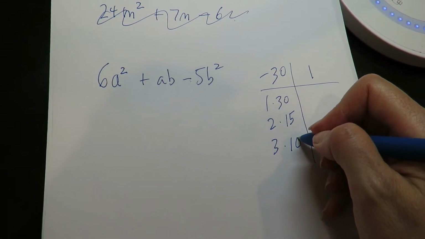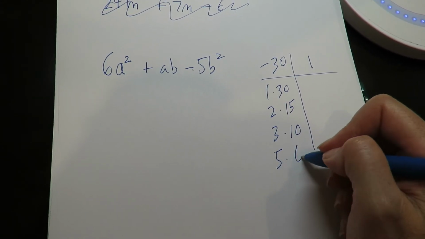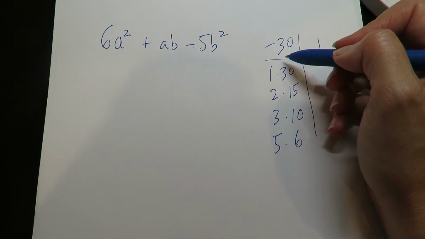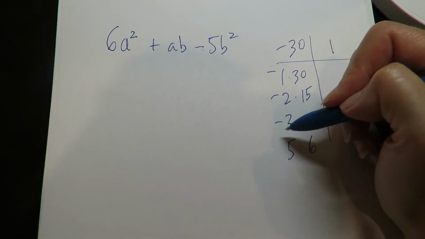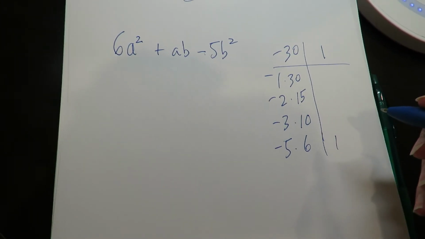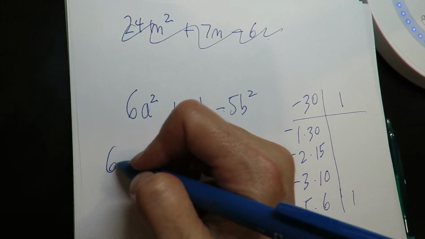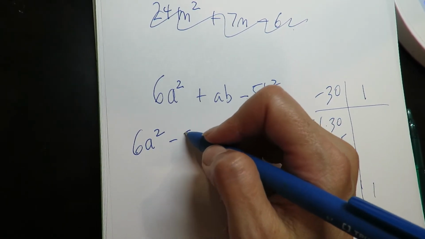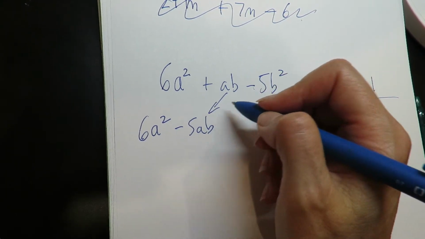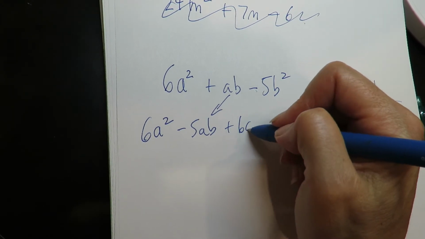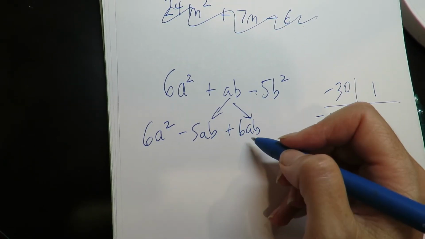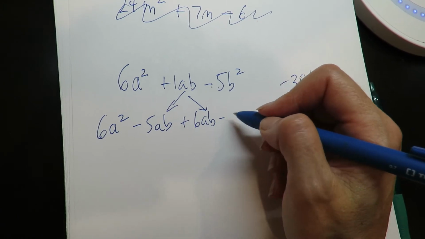What do we got? 3 times 10, 4, 5, 6. Okay, so this has to multiply to a negative but add to a positive, so the smaller one's got to be negative. That's this one. So I'm just breaking the middle term here. Negative 5 plus 6 will go back to one of those.